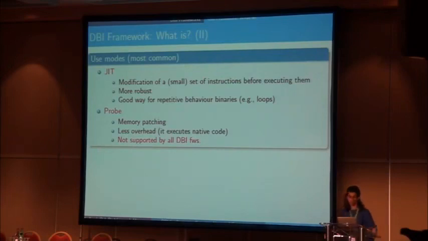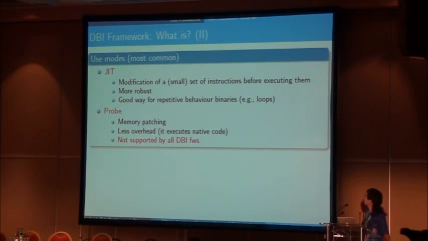The most common use modes in DBI are, first, just-in-time, where we modify a very small set of instructions before executing them. This mode is more robust, and it's very good for repetitive behaviors, for instance, loops. Why? Because this small set of instructions is stored in the instruction cache, so each time it is needed, it has already been modified and you don't need to modify the instructions again.